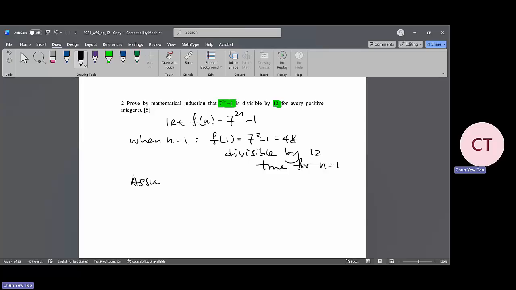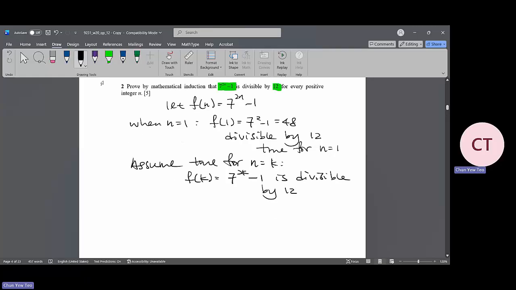Then assume true for n equals k. That means Fk, which is 7 power 2k minus 1, is divisible by 12.